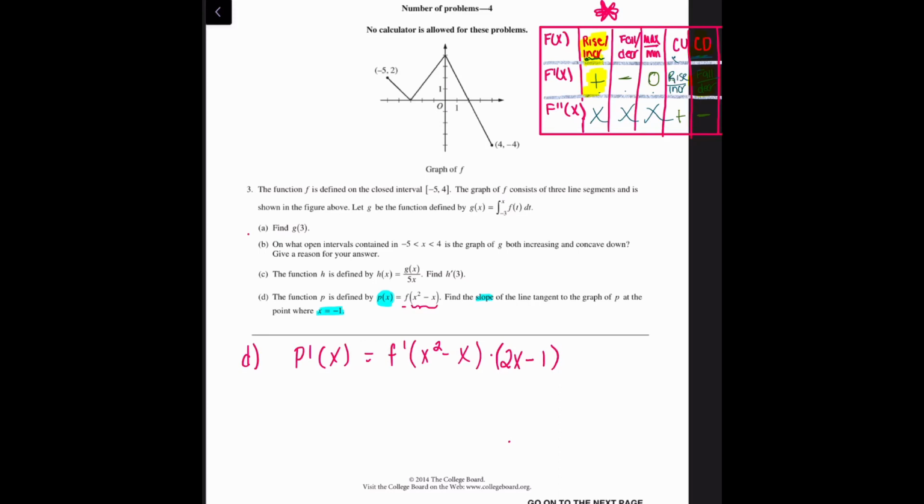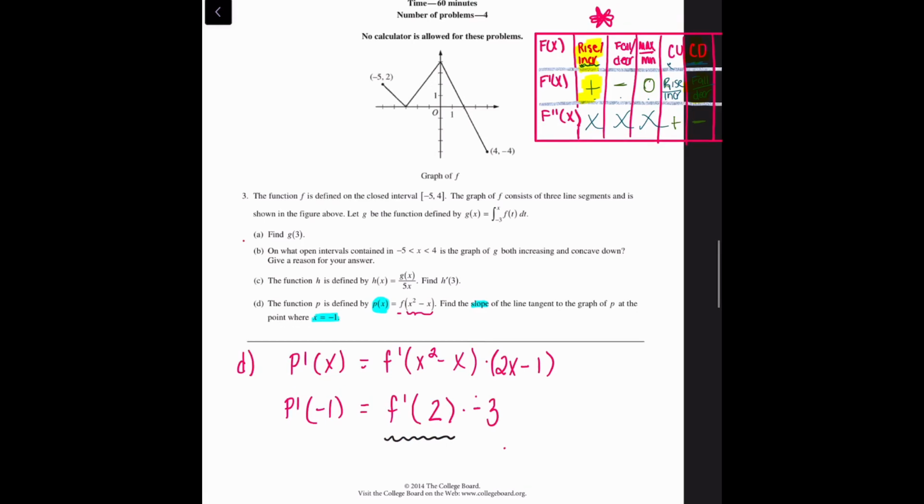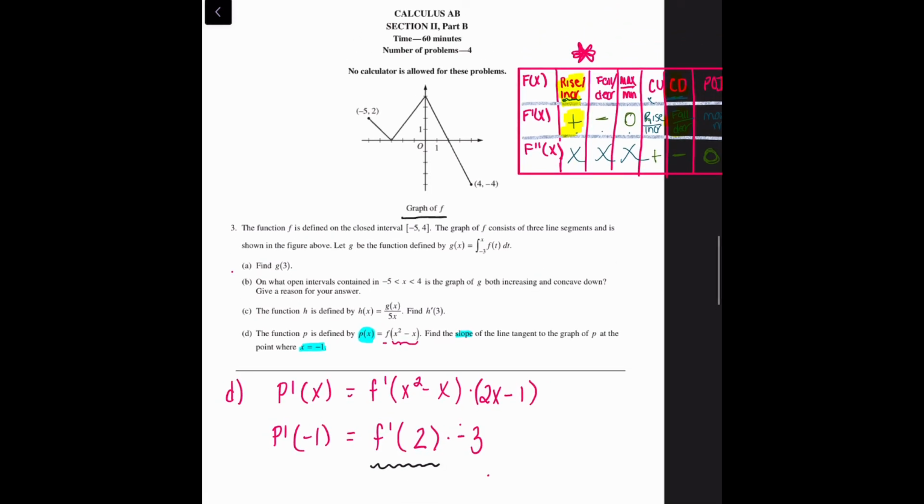Now we're looking for the slope at x equals negative 1. So we're finding negative 1 squared is positive 1 minus negative 1. We know that is 2 times 2 times negative 1 is negative 2 minus 1 is negative 3. Okay, simplifying. So we know that f prime of 2 is the derivative at a point on this graph.